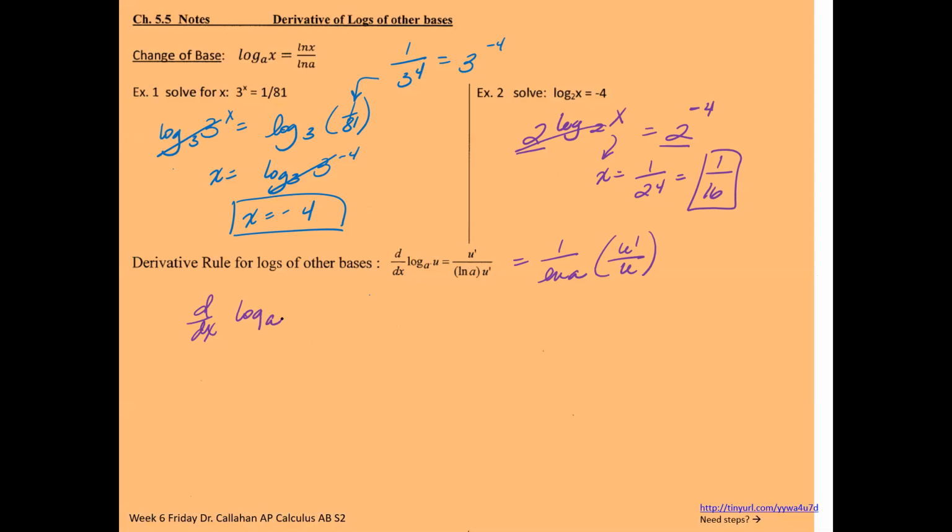The derivative of log base a of x is equal to d over dx of ln x over ln a, which is the same thing as 1 over ln a times 1 over x, which is equal to 1 over ln a times x.